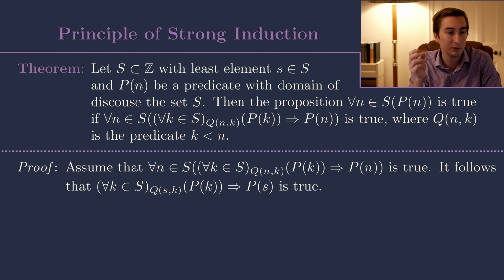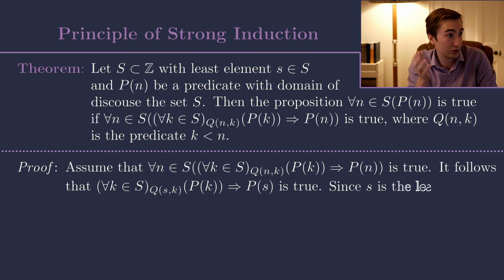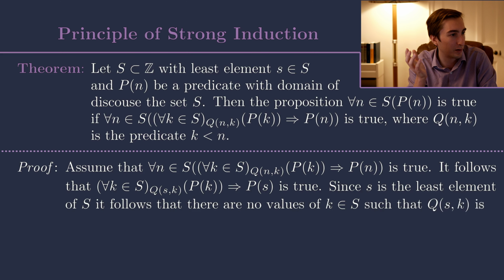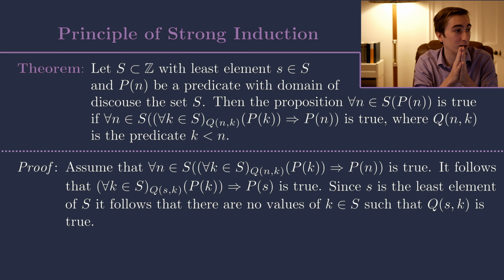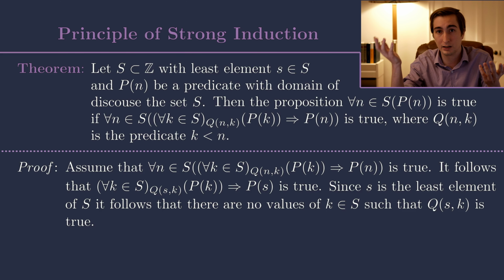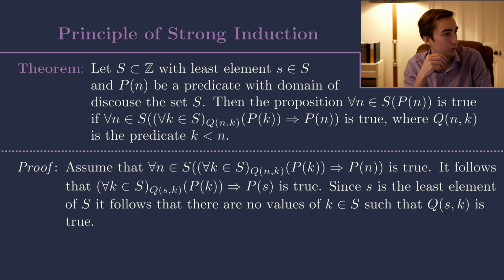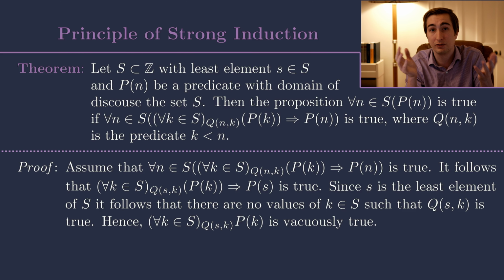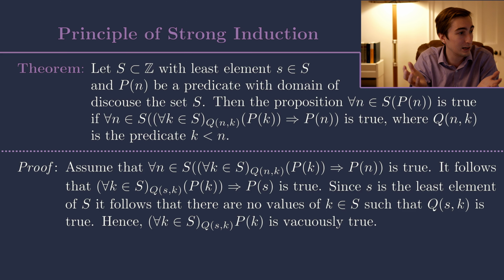So there are no values of k that satisfy that predicate. In other words, k here ranges over the empty set, and therefore this thing is vacuously true. Why is it vacuously true? Because there are no values of k to check.